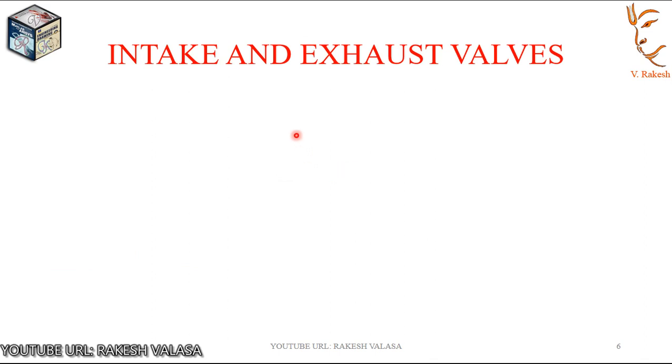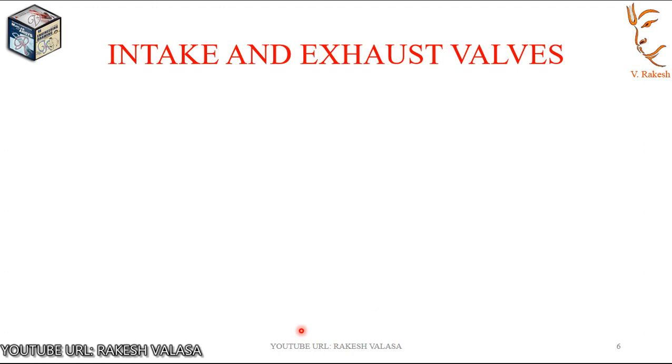The fresh gases enter into the combustion chamber through the inlet valves, and used gases go out of the combustion chamber through the exhaust valves. Usually, there is one intake and one exhaust valve for each cylinder, but in high performance engines, two intake and two exhaust valves per cylinder are employed.